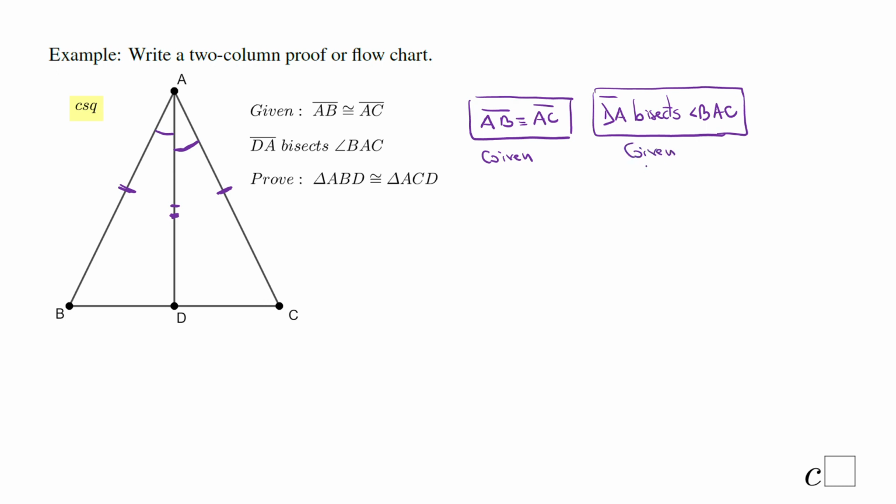But from this, I can write the next statement, which is these two angles are congruent, this angle and this angle. And we need to use three letters. So I'm going to say angle BAD congruent with angle CAD. And why do we have this statement? Because this is the definition of angle bisector.